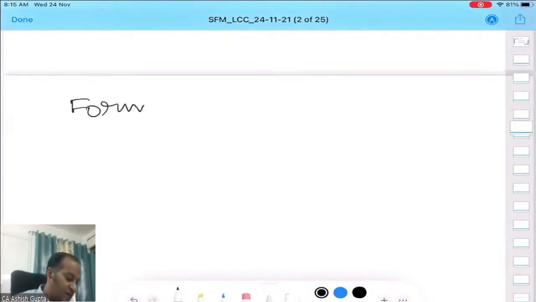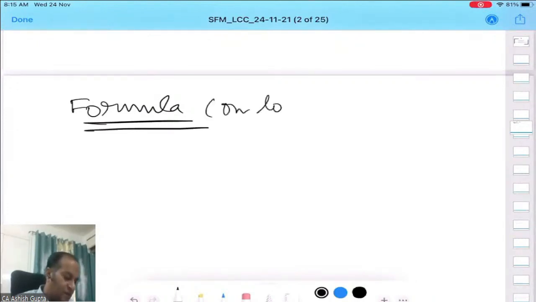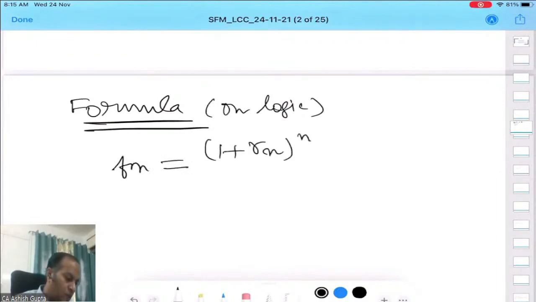Of course, you must have understood the logic. But if you say, sir, I want to know the formula, of course, this formula is based on the simple logic. Here I'm just providing you the formula. For each year, we have to compute separately.